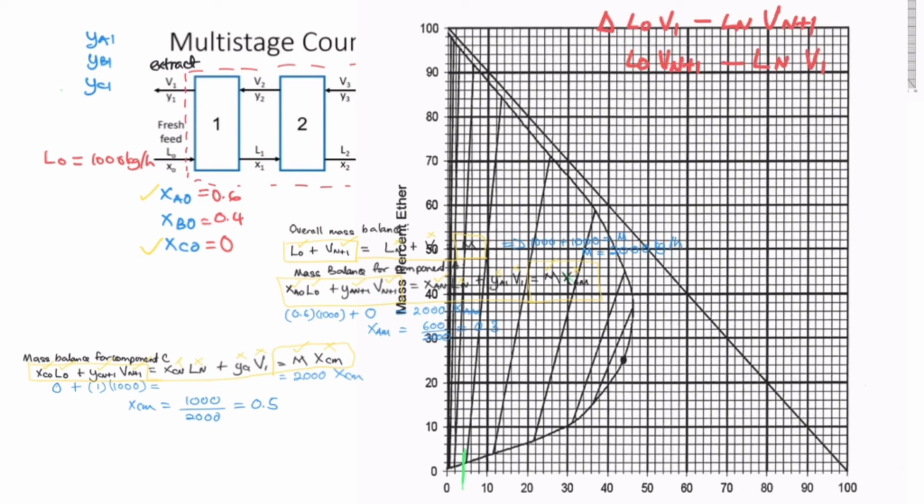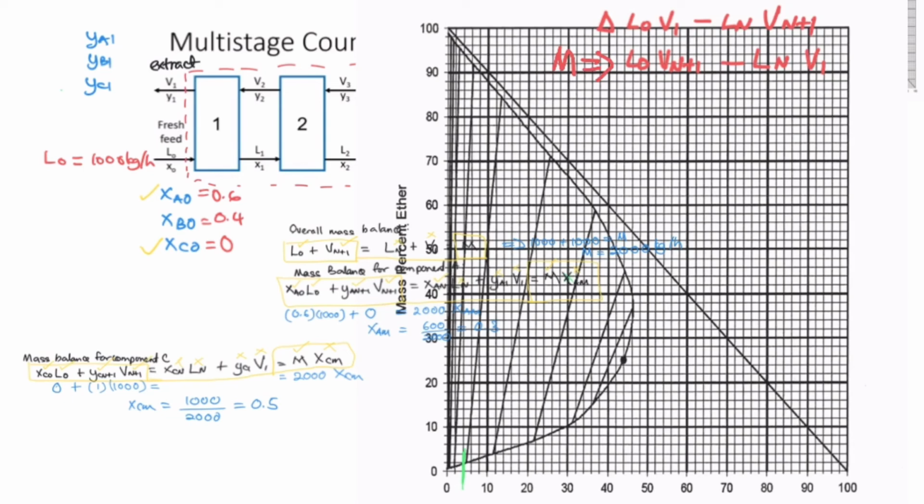The intersection between the L naught V1, Vn plus 1 and Ln V1 lines will give you the point where you get your M, to get your M coordinates.